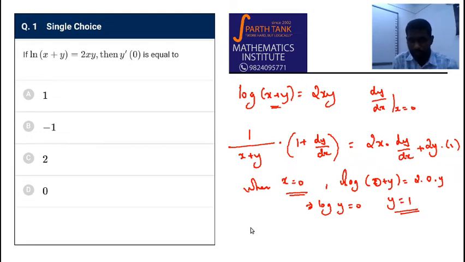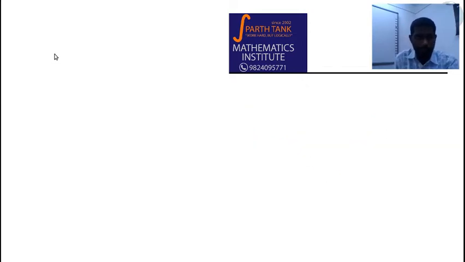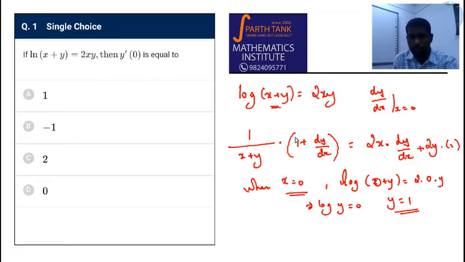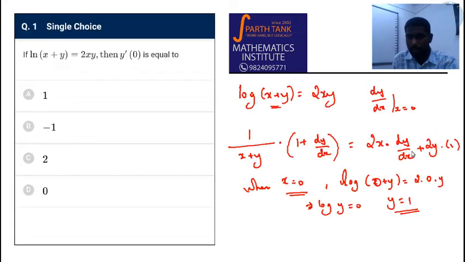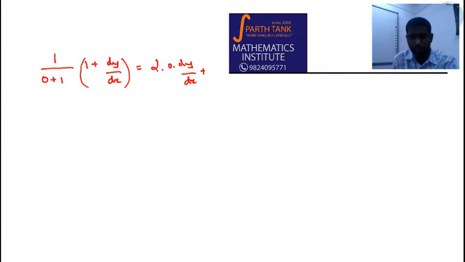That is, let me write it fresh, 1 by x is 0, y is 1, 1 plus dy by dx is equal to 2x dy by dx, and x is 0, so 2 into 0 into dy by dx plus 2y, right, 2y, and we found y is 1, so 2y is 2 into 1. Therefore this whole thing is 1.